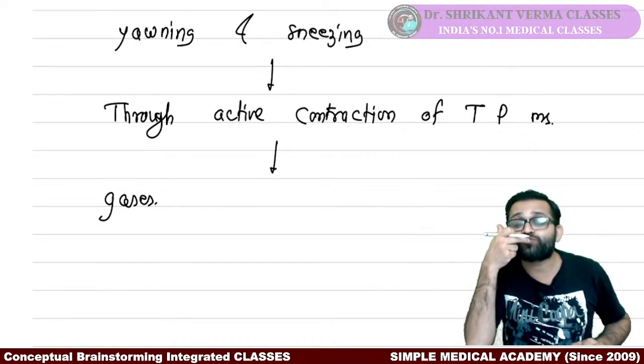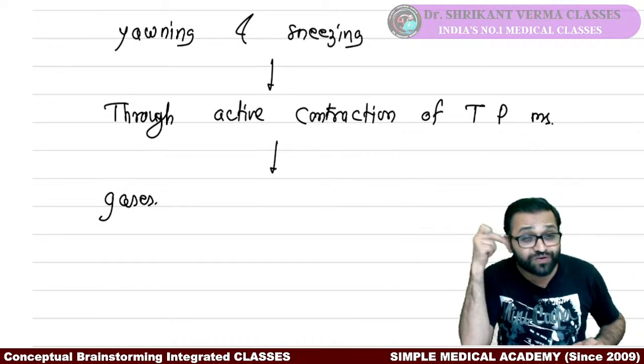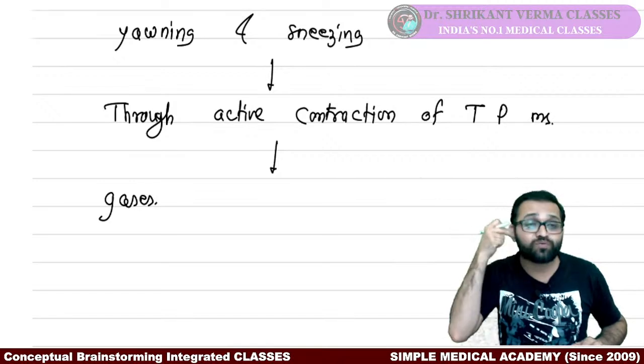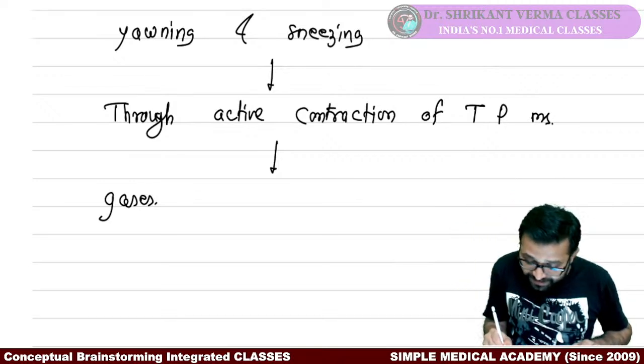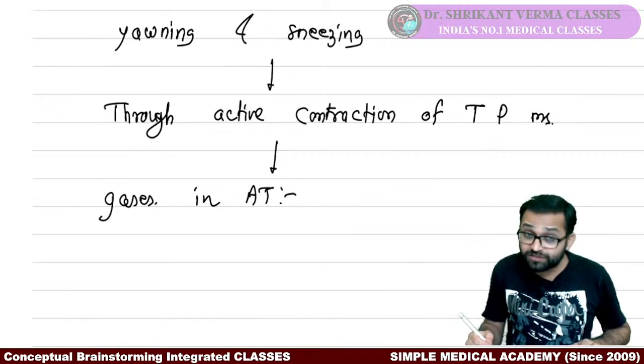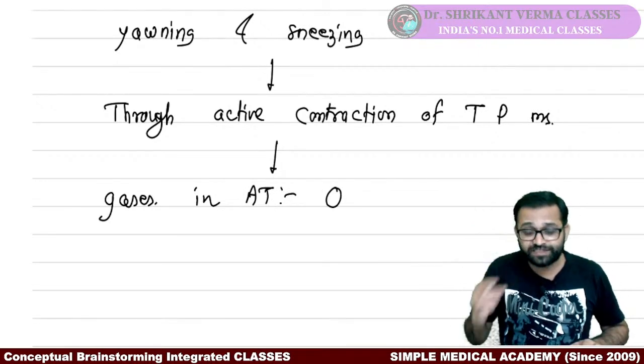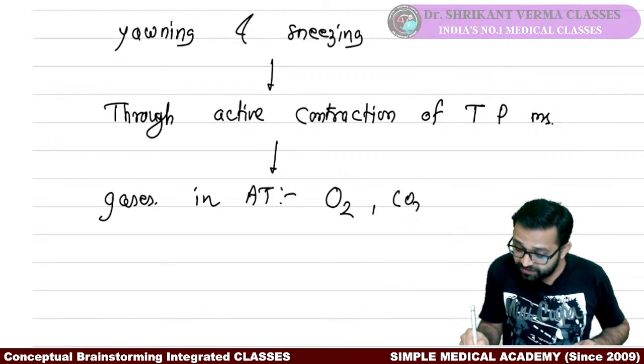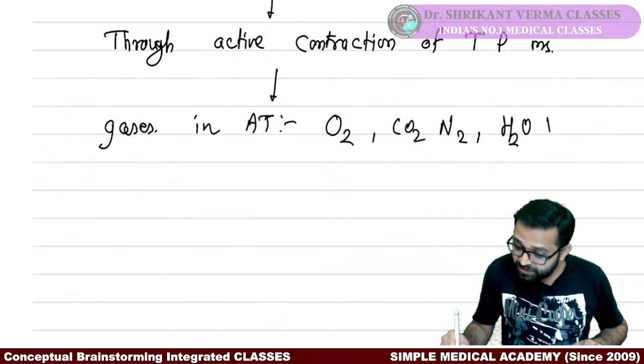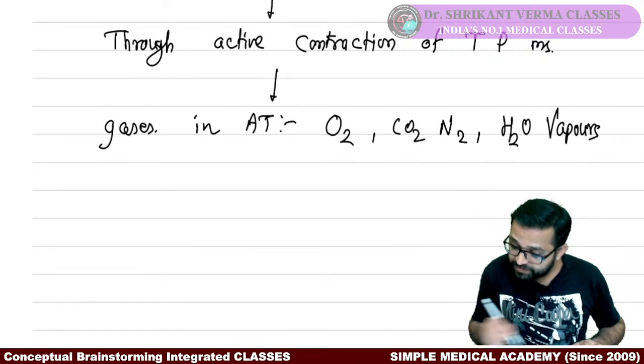gases are coming from the oral cavity, through the auditory tube, into our middle ear cavity. Okay sir, the gas reaches our middle ear cavity. What are the different gases? Whatever gases are in the outside environment: oxygen is there, carbon dioxide is there, nitrogen is there, even water vapors are there.